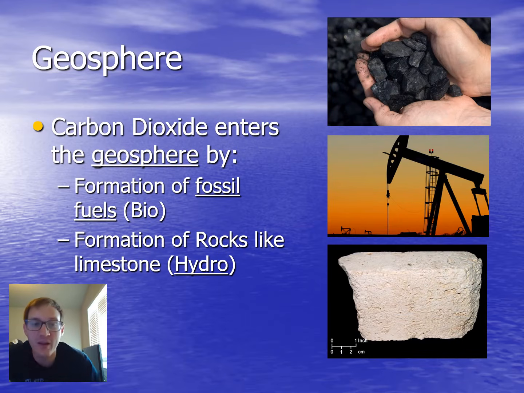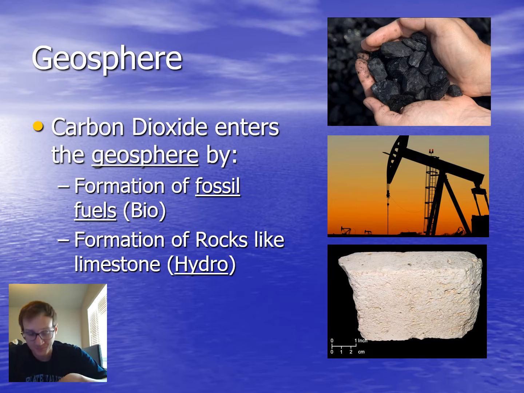Okay, and lastly, we have the geosphere, so all of our rocks. Carbon dioxide enters the geosphere by formation of fossil fuels from the biosphere. Again, fossil fuels are created by the breakdown or the decomposition of plants and animals over time. Also the formation of rocks like limestone.